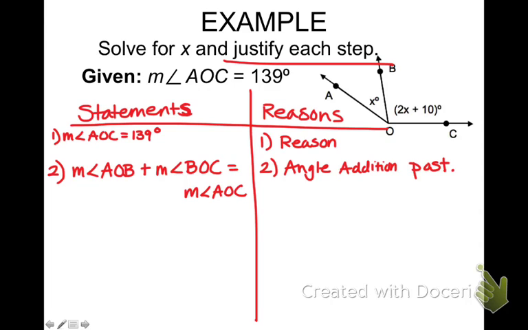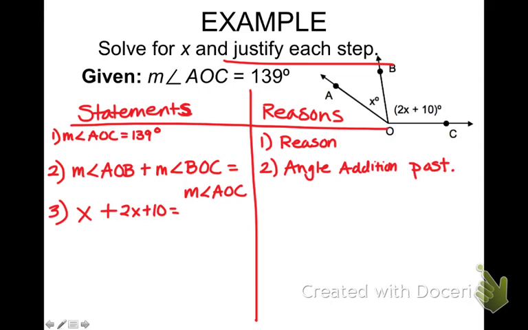Okay. So now that I have my angle addition postulate shown, now I can use the substitution property and actually substitute the values of each of those angles in place. So line 3, what am I going to substitute in place of the measure of angle AOB? x, plus, bless you, the measure of angle BOC is 2x plus 10.